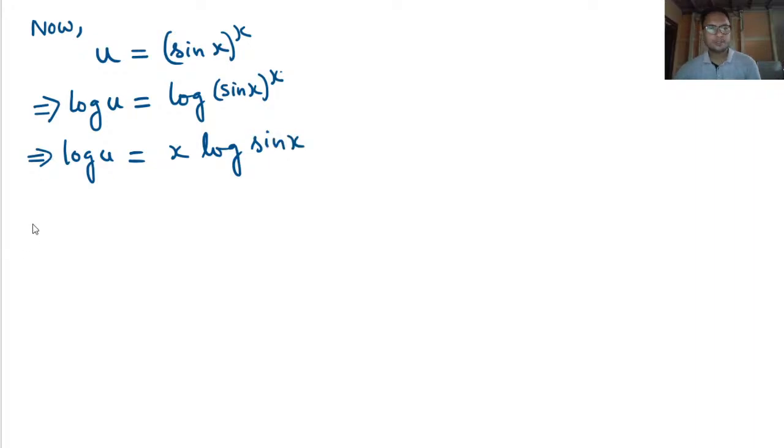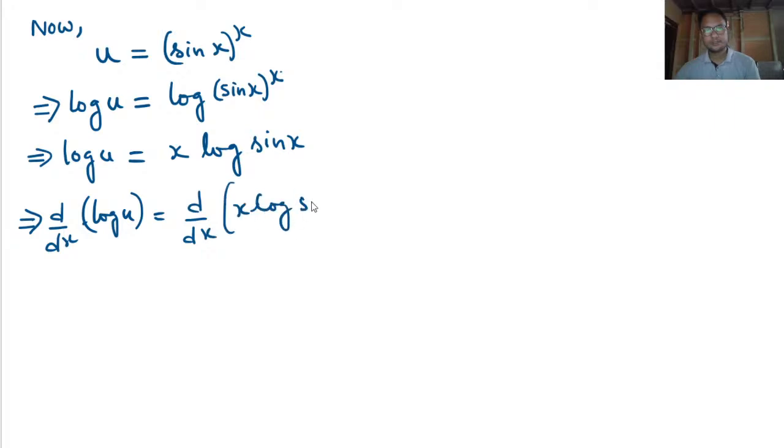Now you differentiate with respect to x. Log of u equals d by dx of x log of sine x. Here u is a function of x, so we apply the chain rule, with an outer function and an inner function.